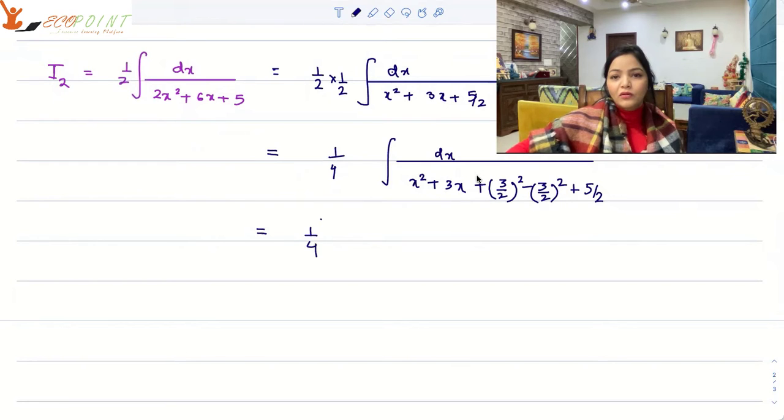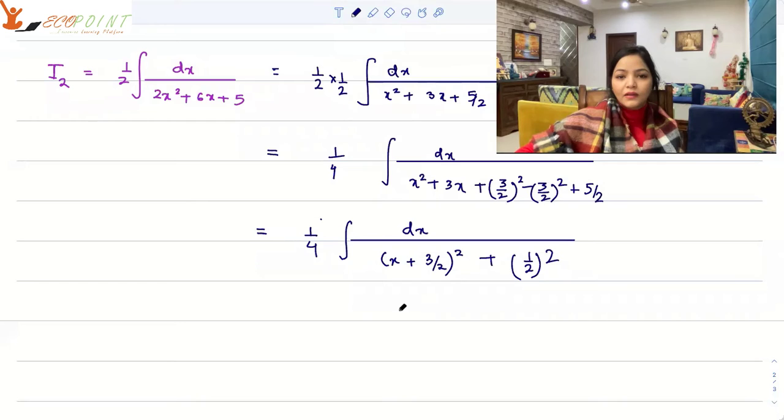So your denominator will become x plus 3 by 2 whole square plus 1 by 4 is left. So I can write it down as 1 upon 2 whole square, right?